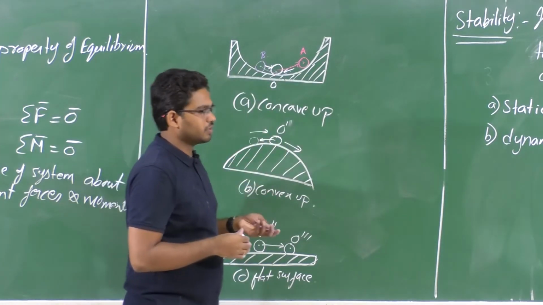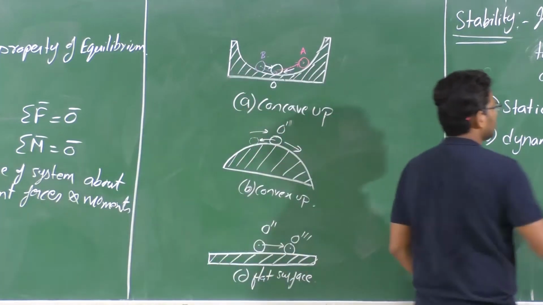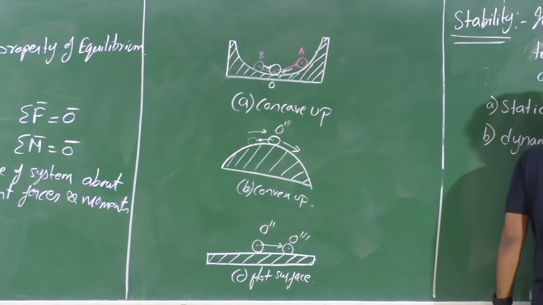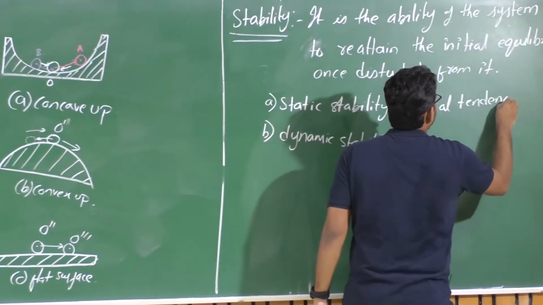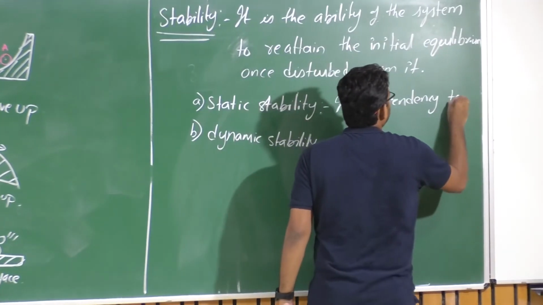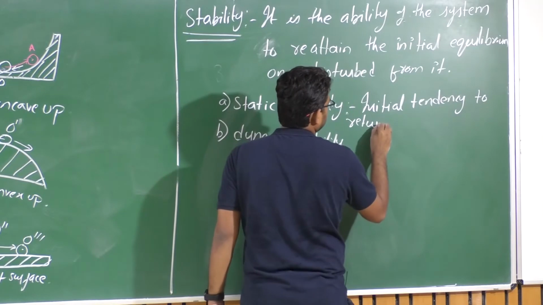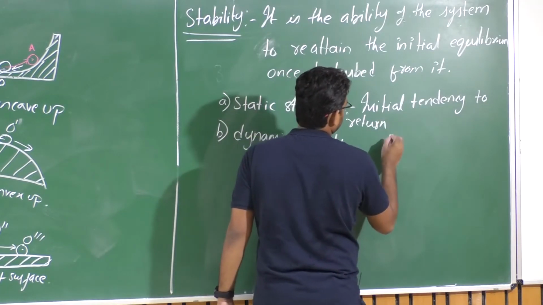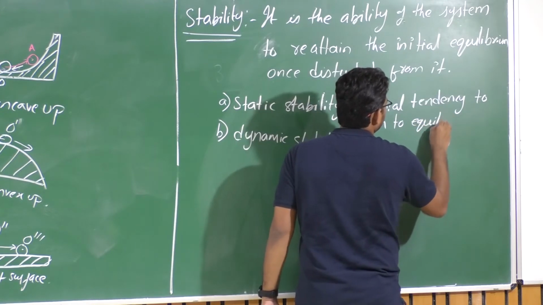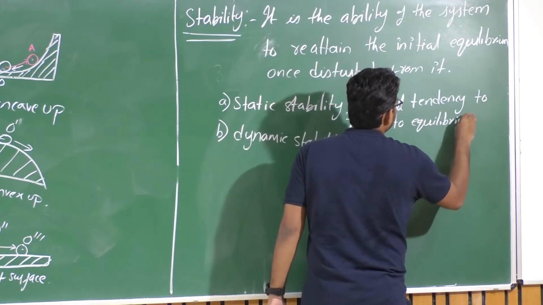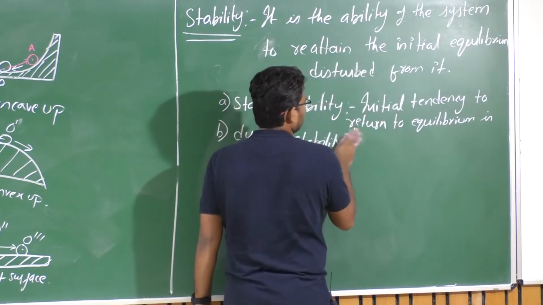That initial tendency to come back towards this equilibrium is known as static stability. It is a initial tendency to return to equilibrium, right?